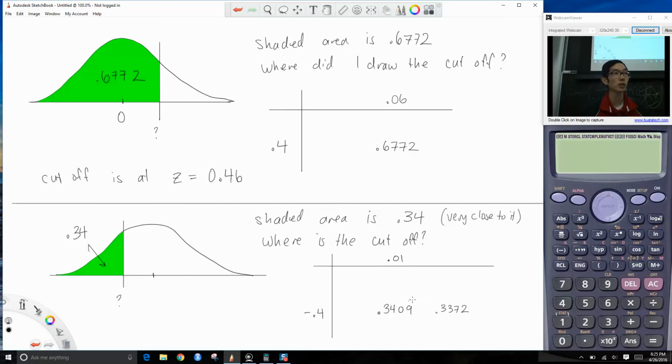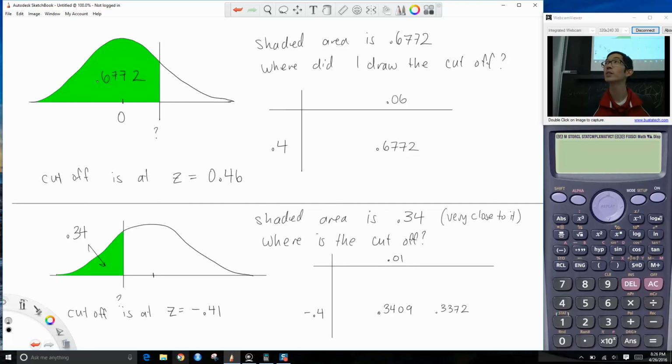Is that okay? And so our cutoff is at z equal to negative 0.41. Is that okay with you guys?